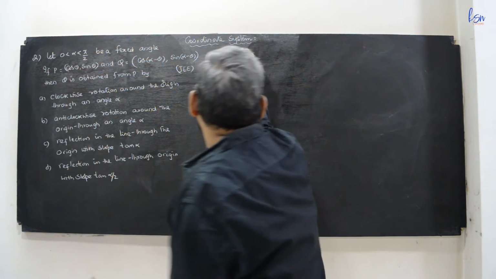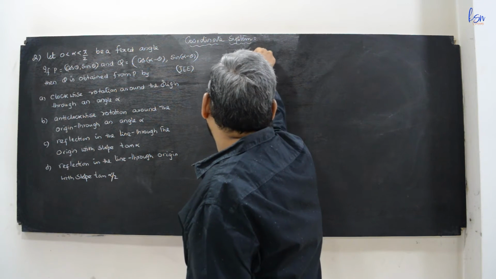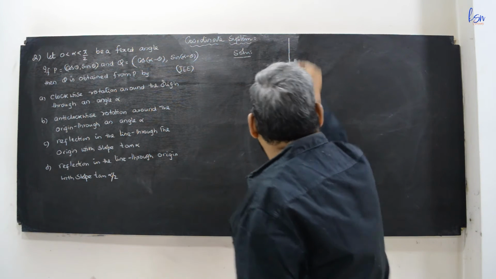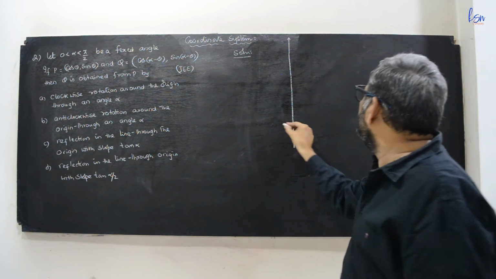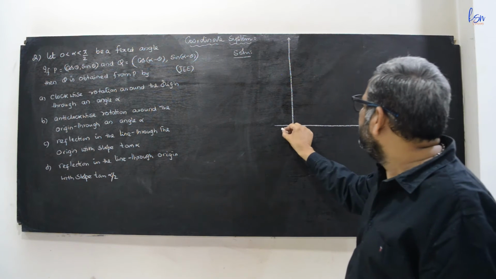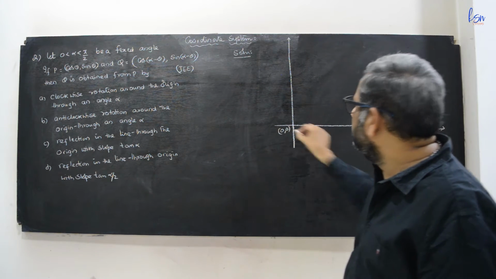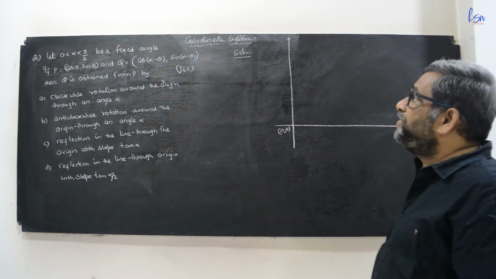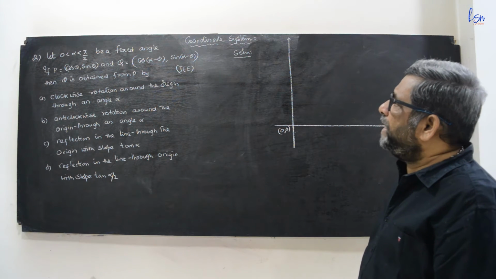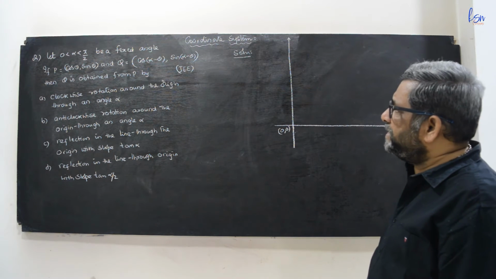Now the solution. Let us have the diagram. First of all, let us consider the coordinate plane. This is the x-axis and this is the y-axis, and this is the origin. It is given that 0 is less than alpha less than pi by 2, a fixed angle.